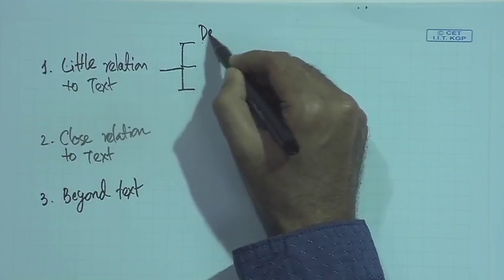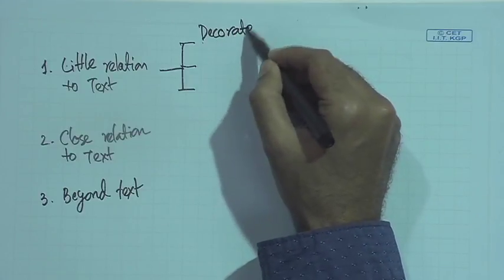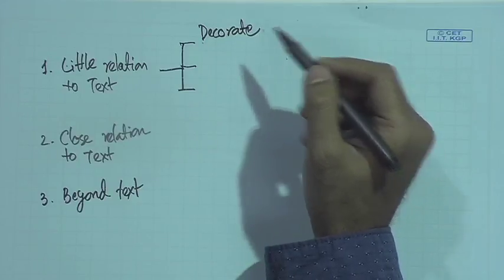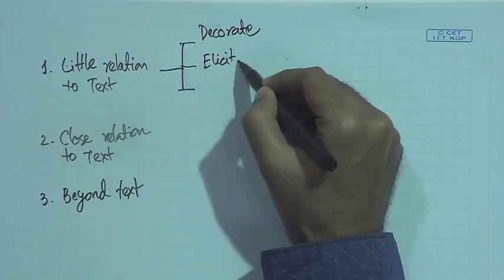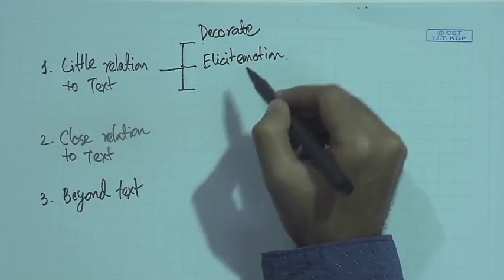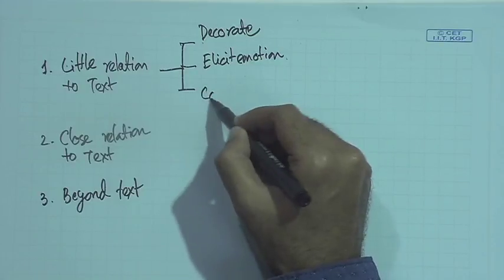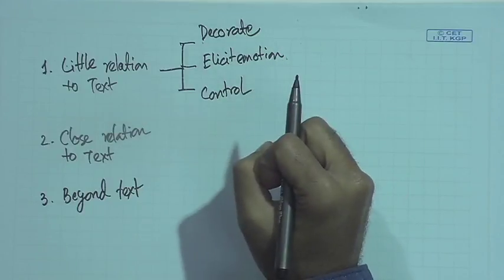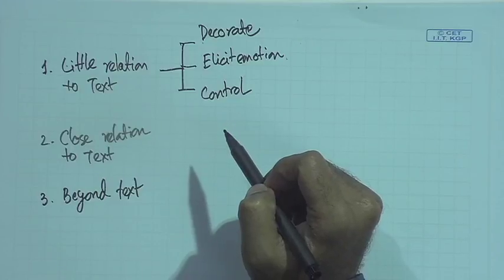So, the first point which we discussed is when you are decorating, there is a little relation to text when you are eliciting some kind of emotion. There is a little or less relation to the text, and then you have some kind of control. You are trying to have a control with the image, and then you use this kind of thing.